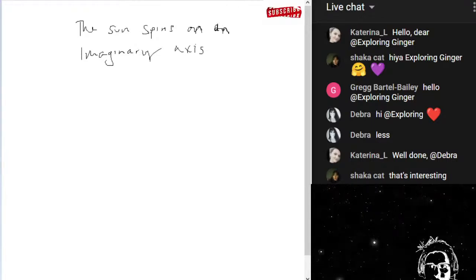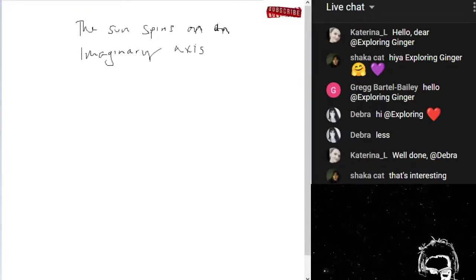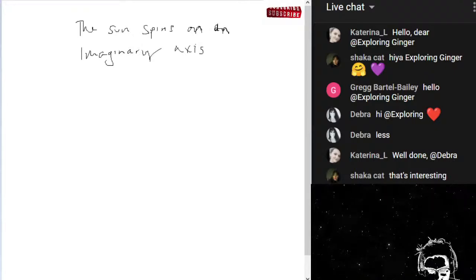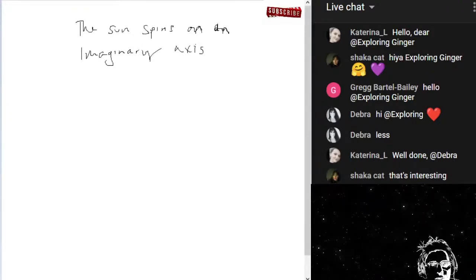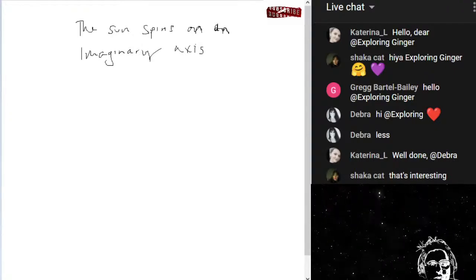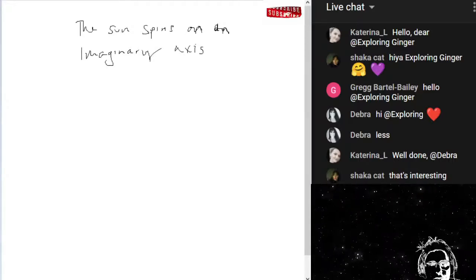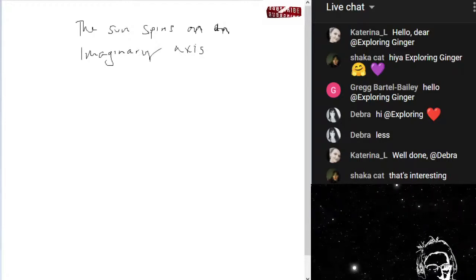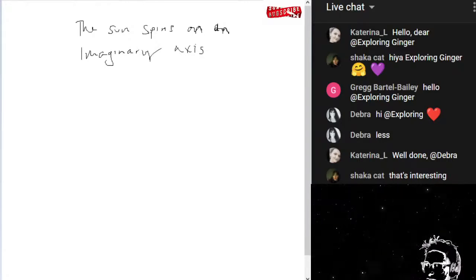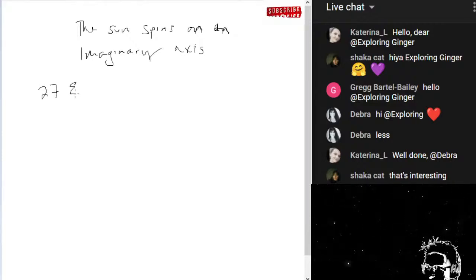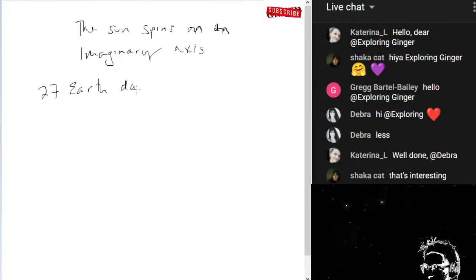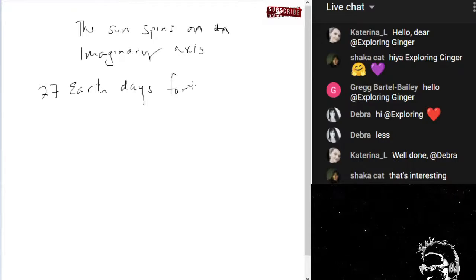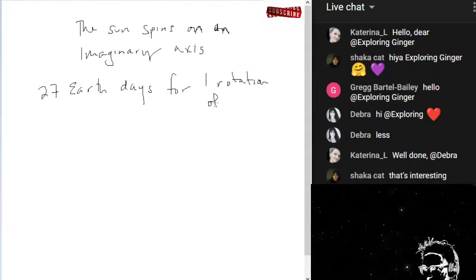Let's look up how fast the sun spins. How long does it take for the sun to complete one revolution or one rotation? 27 days. So 27 Earth days for one rotation of the sun.